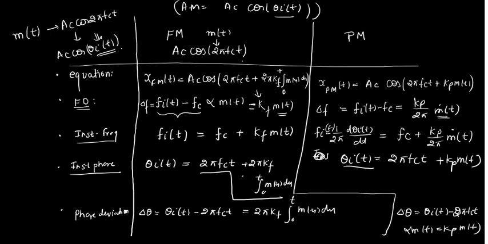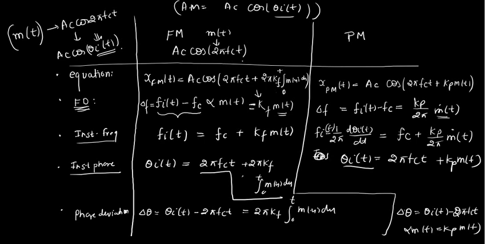Now, here see all of these equations are true for any m(t), right? So, if your m(t) is a tone, by tone I mean it is a sinusoidal signal, either a sine of frequency fm or a cosine of frequency fm, then these parameters, the frequency deviation and phase deviation, you can evaluate, right?